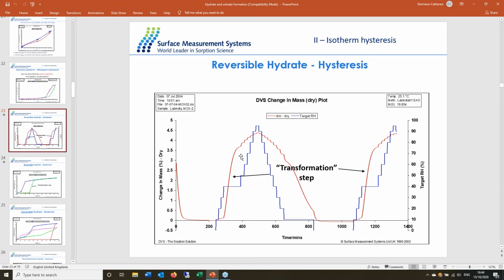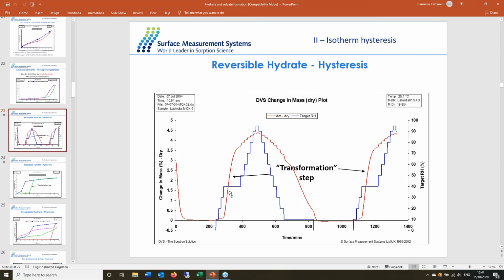And the system will run the experiment at that relative humidity condition until the mass reading of the balance is below the criterion that we set. Once it's below that criterion, it considers the sample at equilibrium, and then it moves automatically to the next stage.